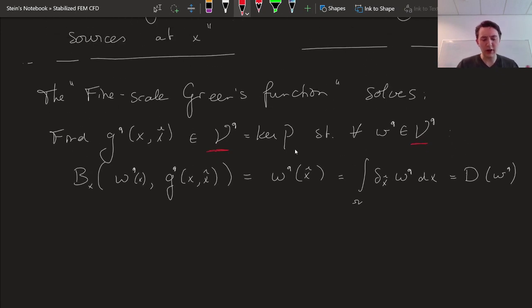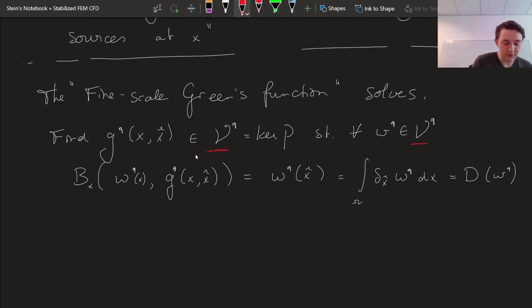Okay, so suppose that we have obtained this function, and again, this would be very difficult to obtain in practice. In certain cases you can do this by hand, but otherwise you would have to do this with a highly refined finite element mesh, right? Because we're trying to obtain a fine scale effect here.